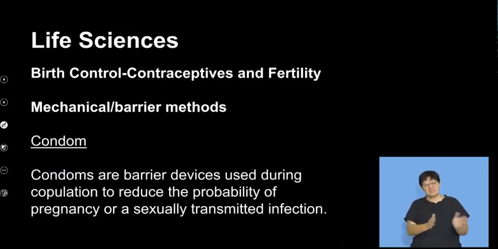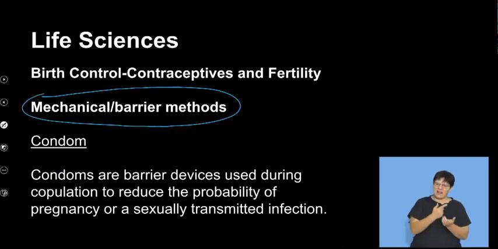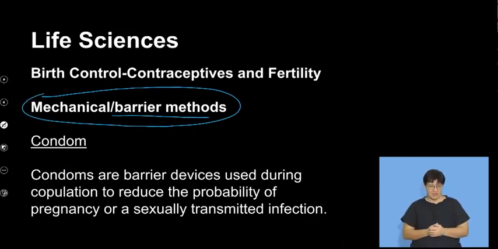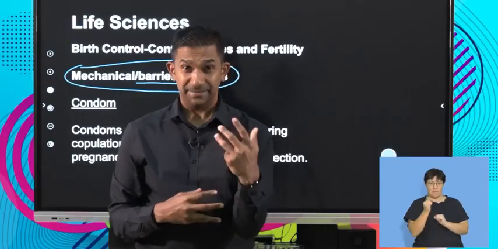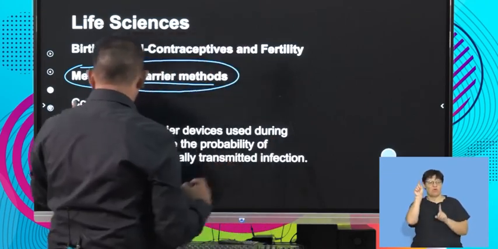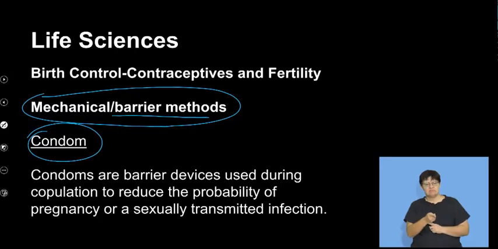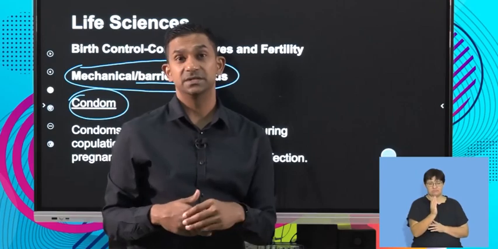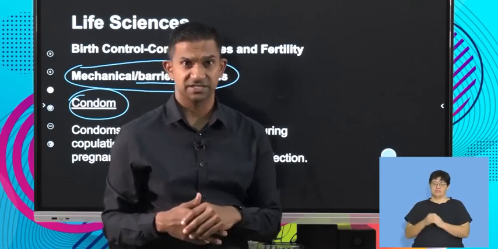If we look at the next category, we refer to that as mechanical and barrier methods. This is any method that uses a physical barrier or a mechanical method to stop contraception. Now, we've heard of condoms, and these are essentially latex or different materials that are produced to prevent the release of semen into the female reproductive system.